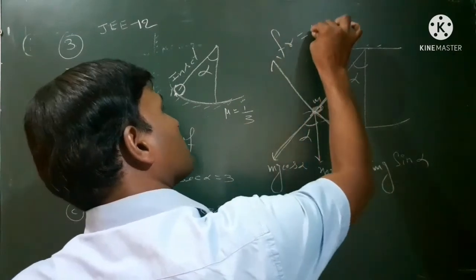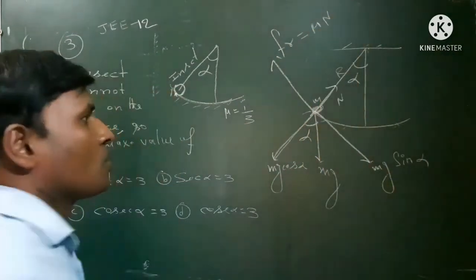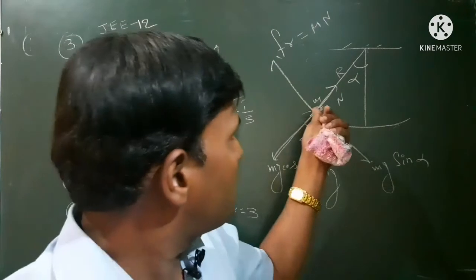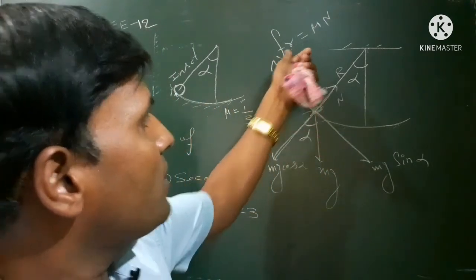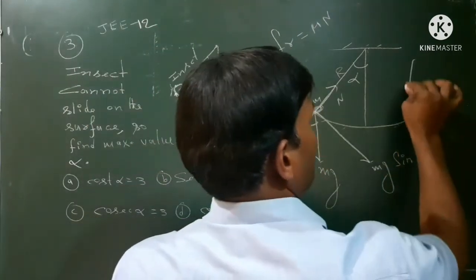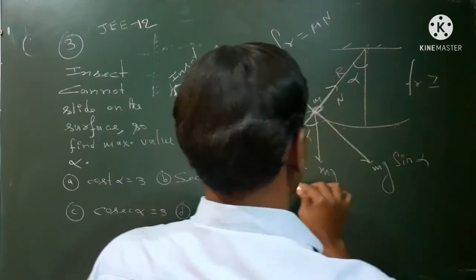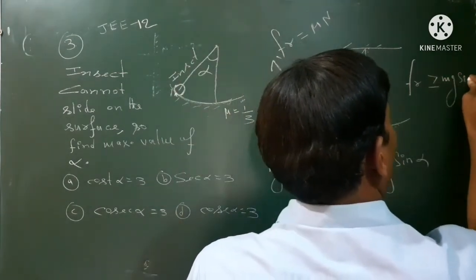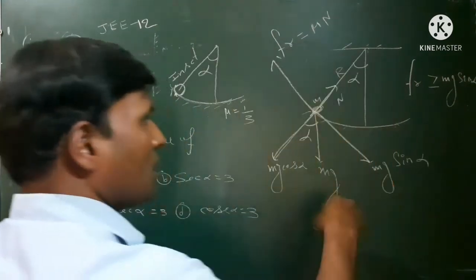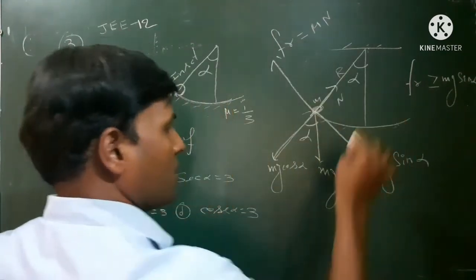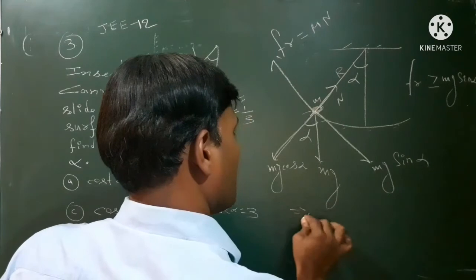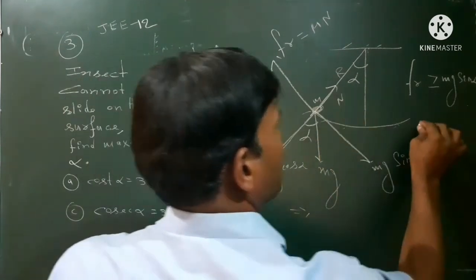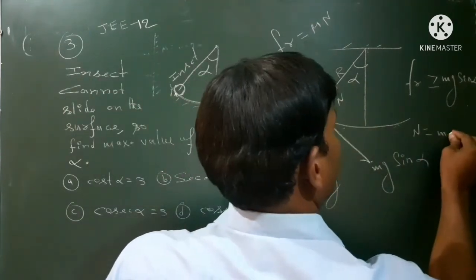Fr must be equal to mu N. If the body can't slide, then Fr must be greater than or equal to mg sin alpha.